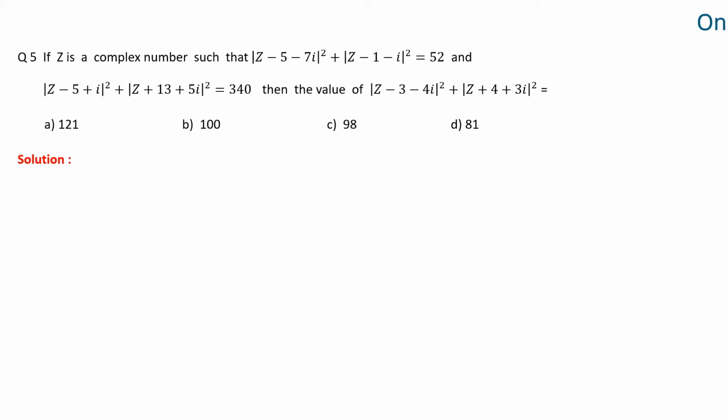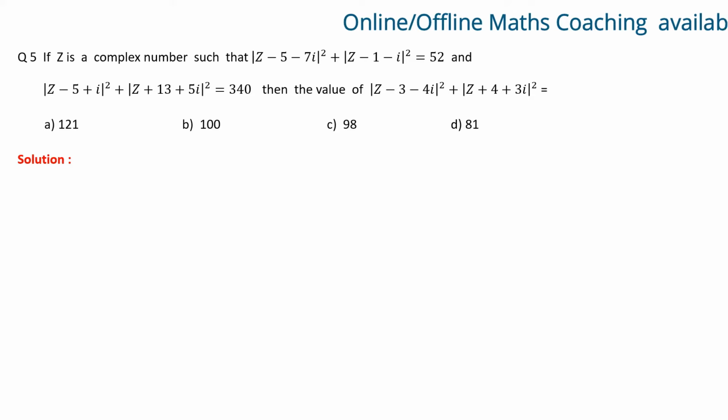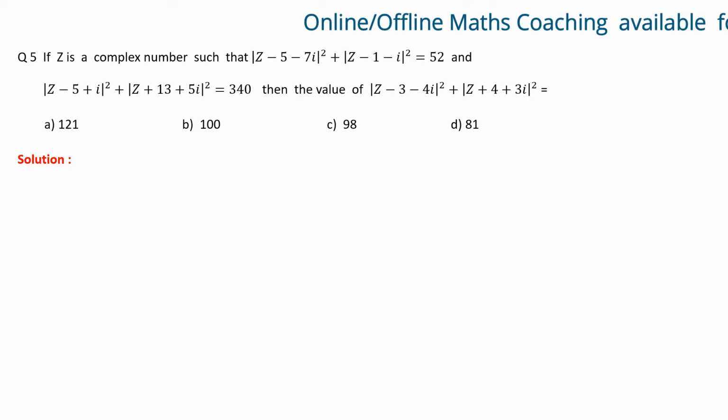Such kind of questions are very much suitable for exams like JEE Advanced, because this particular problem involves in-depth knowledge of concepts. Only those students who have done a lot of practice on the geometry of complex numbers will be able to solve such kind of problems.